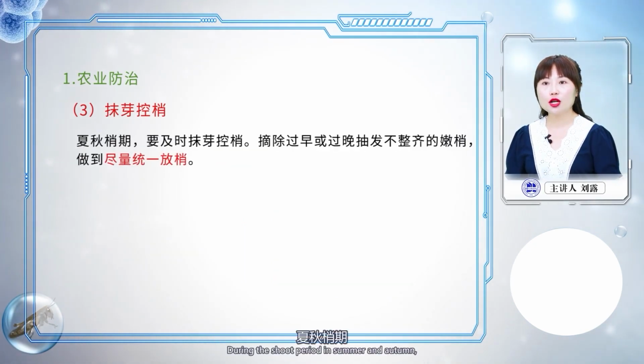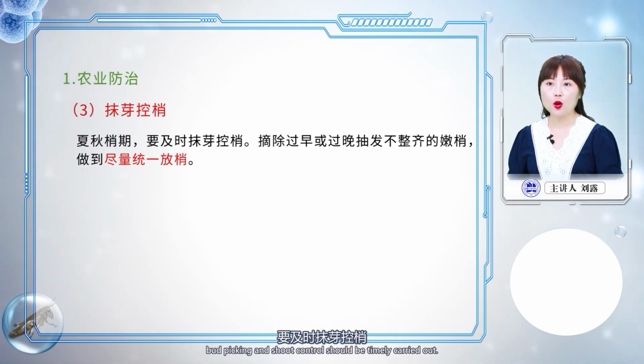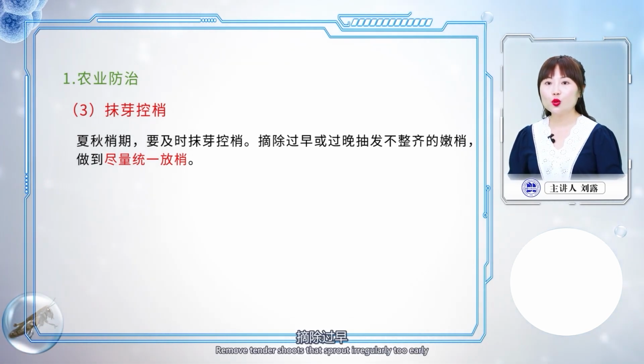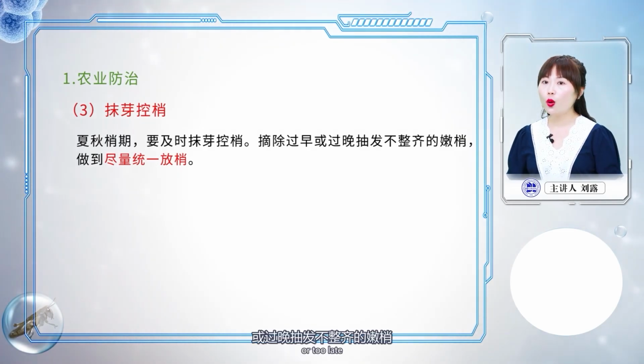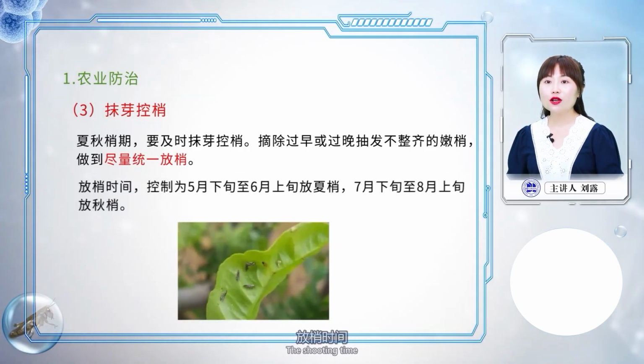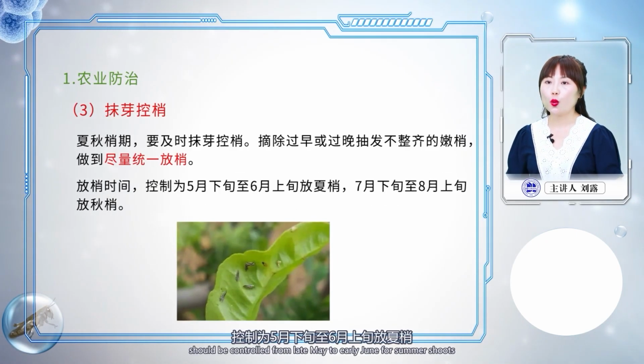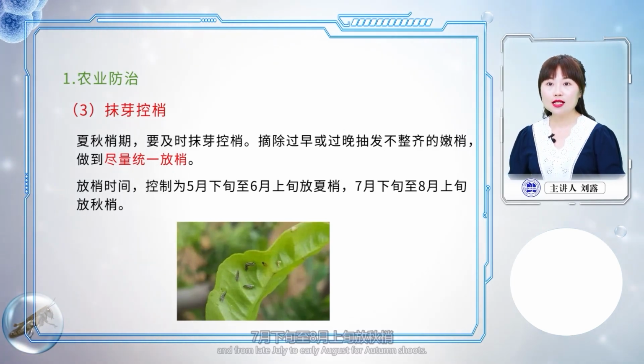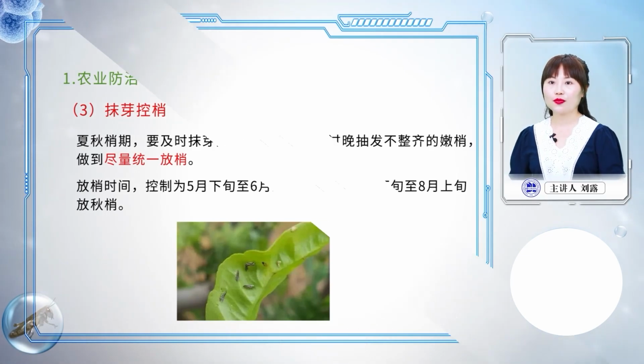During the shoot period in summer and autumn, bud picking and shoot control should be timely carried out. Remove tender shoots that sprout irregularly too early or too late to achieve uniform shoots at most. The shooting time should be controlled from late May to early June for summer shoots, and from late July to early August for autumn shoots.